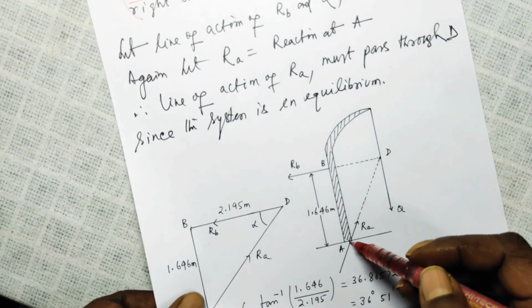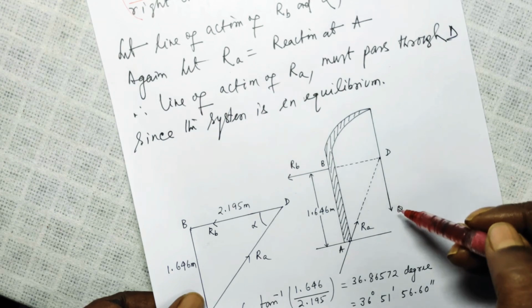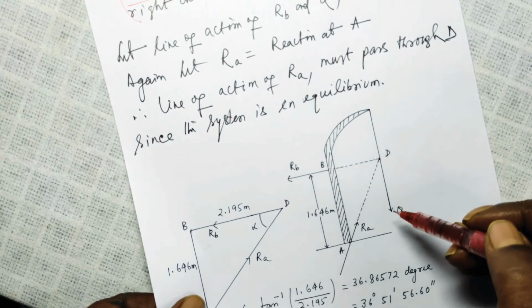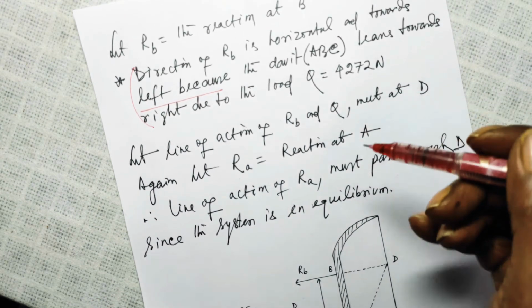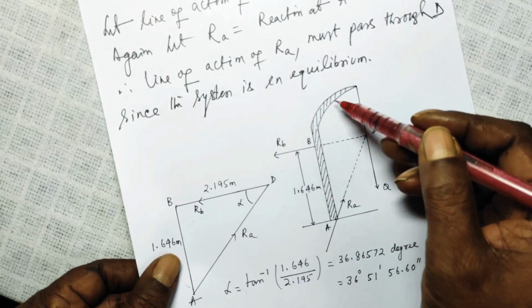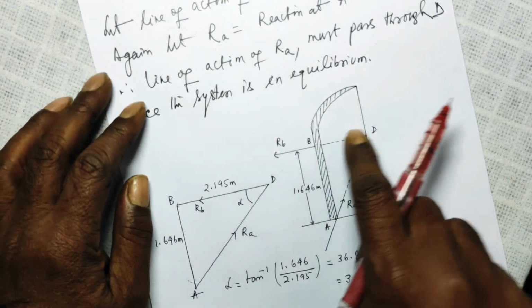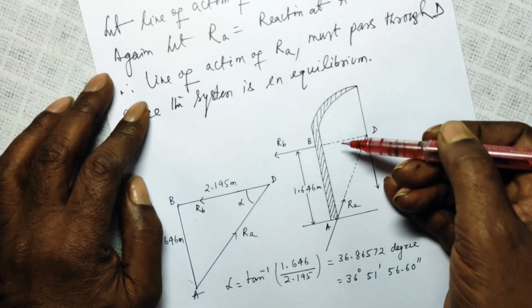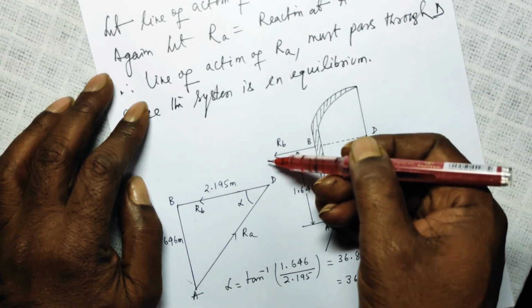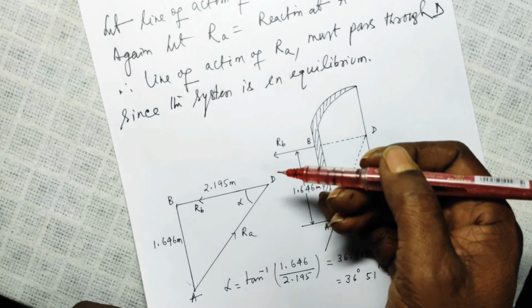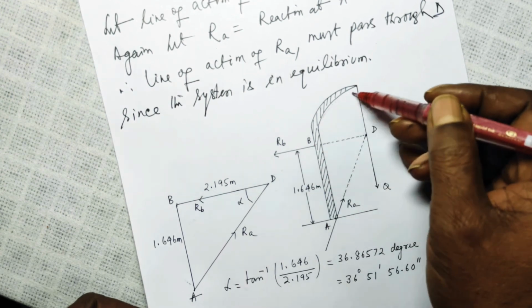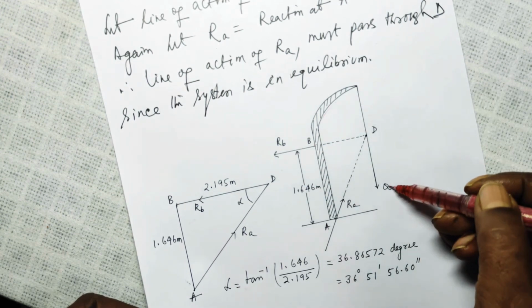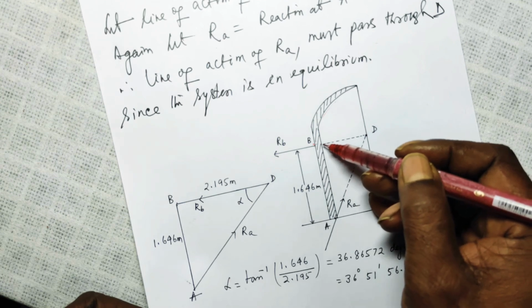Because the davit ABC, from which the boat is hanging down, leans towards the right. This davit is leaning towards the right due to the load Q. So at this point, the reaction force is opposite to that, towards the left side.